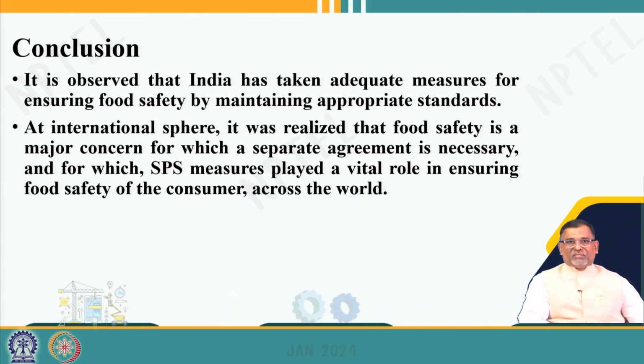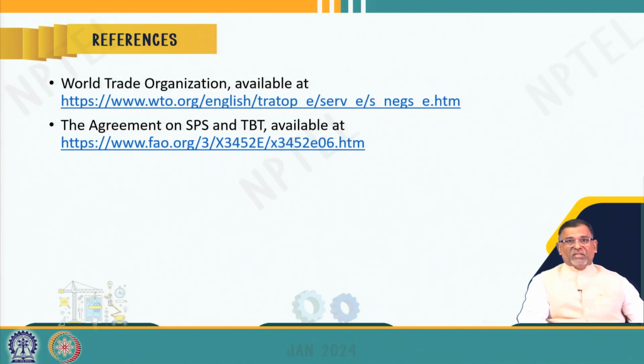So, it is very pertinent to increase the standard of food safety and also the technical regulations in the country, and in the coming days this is going to determine the future of exports from India. It means that the government of India has to implement the TBT measures very strictly in the country.